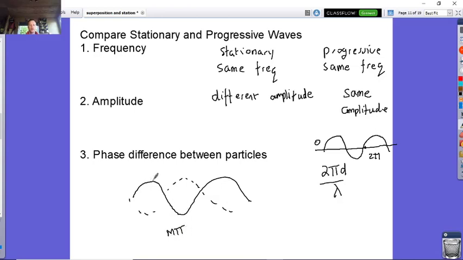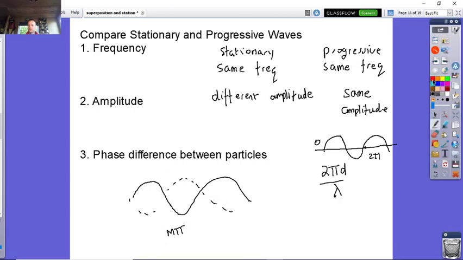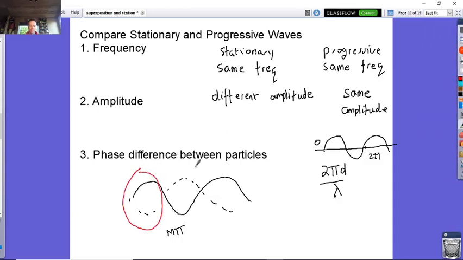What I mean by that is, if you've got the particles in this loop going over here, and I'll get a different colour pen to show it to you. If I've got this loop over here compared to that loop over there, I said before they're going to be pi out of phase. Therefore, if I go across to this one compared to that one, then it would be 2 pi, well, actually going to be in phase.